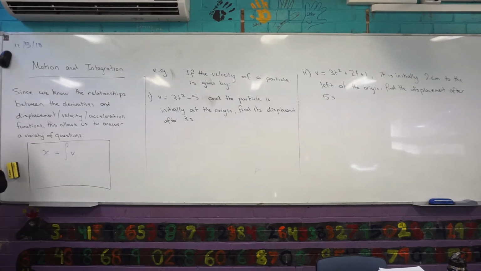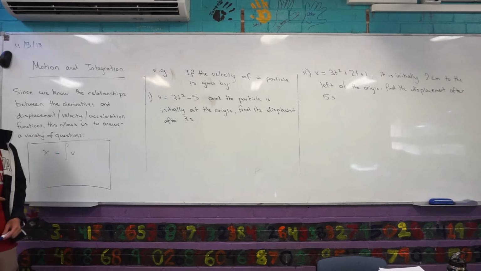Now it's important to note here that we use x in motion as the subject because that's talking about displacement. What am I going to be integrating with respect to? Not x, traditionally t, because v is the velocity function, and it's a function of time.